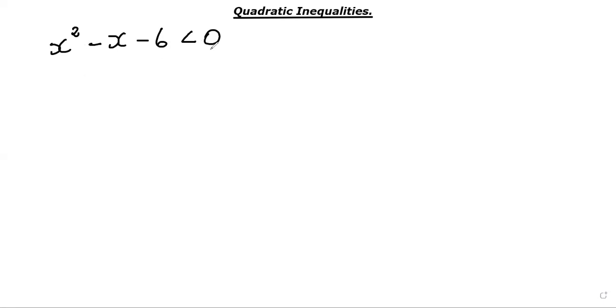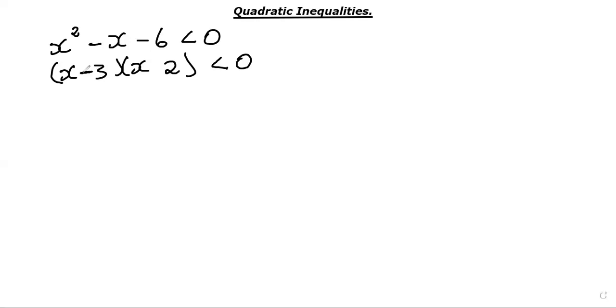The first thing we see here is that the function is already written in standard form, so we can go on and factorize it. Factors of x squared, it's x and x. And then we say factors of 6 that add up to 1. It's going to be 3 and 2.